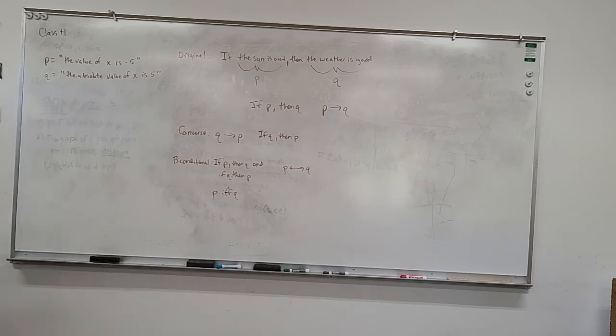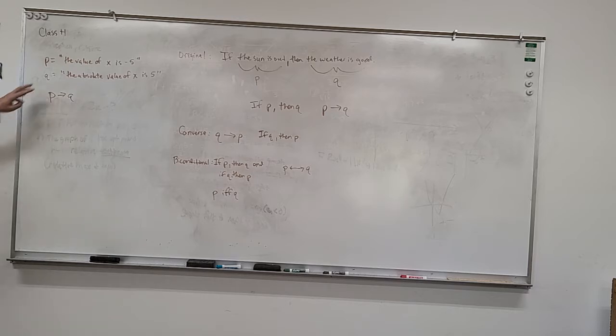And so now if I told you to write this in words, how would you write that in words? Aiden. If the value of x is -5, then the absolute value of x is 5. Exactly. Does everybody see that?